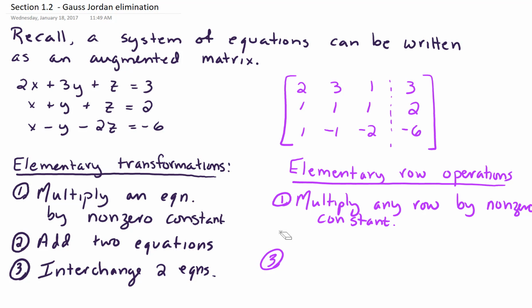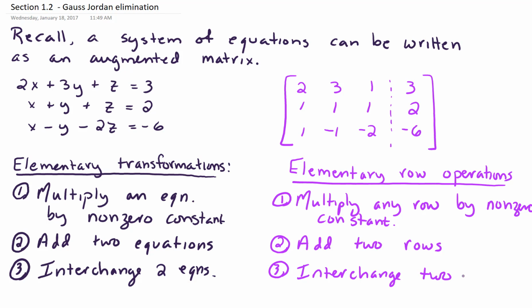Number 2. We can add 2 equations together. That's the same thing as adding 2 rows together in the matrix. And thirdly, since we can interchange 2 equations, that's the same idea as interchanging 2 rows.